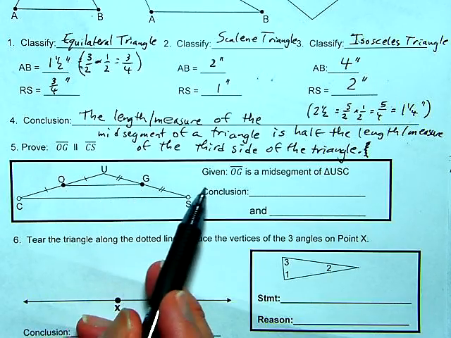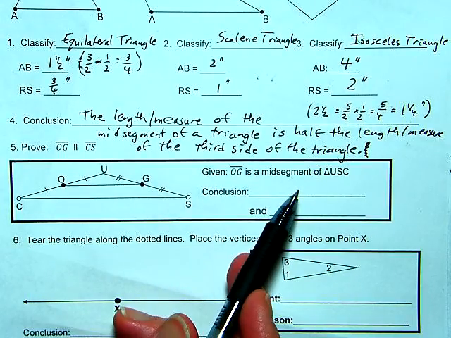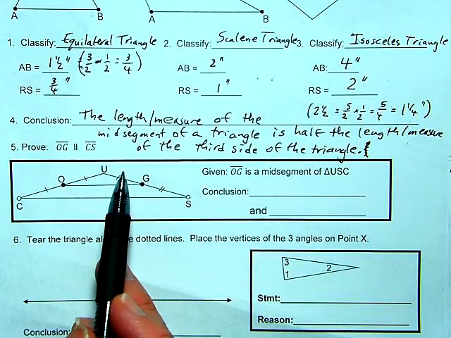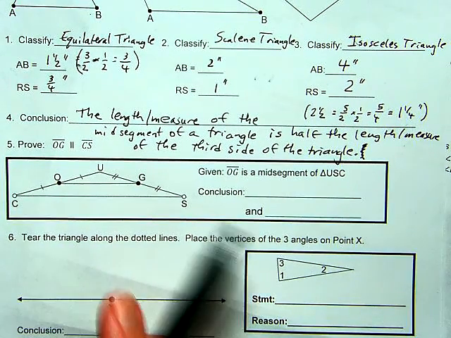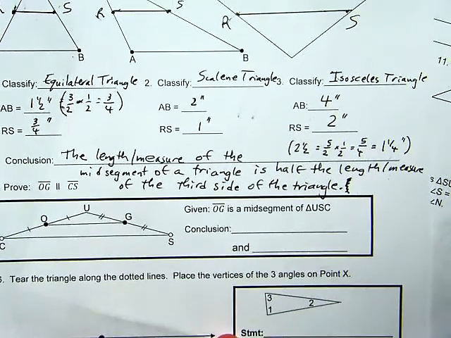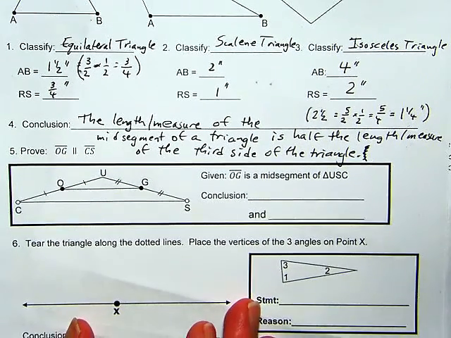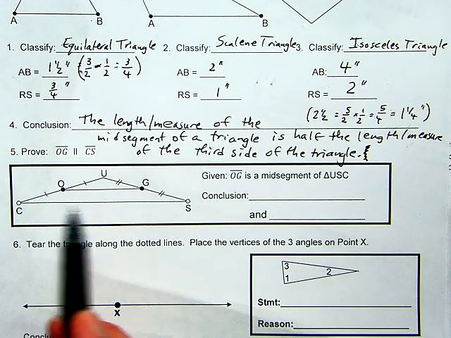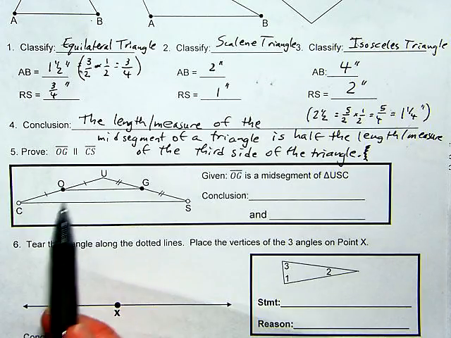So we're given here that OG in this drawing is a mid-segment of triangle USC, and we can conclude two things. The first is what we've investigated above, and we're pretty sure about, which is that the measure of the third side is twice the measure of the mid-segment. That's another way of saying that the mid-segment is half the measure of the third side.